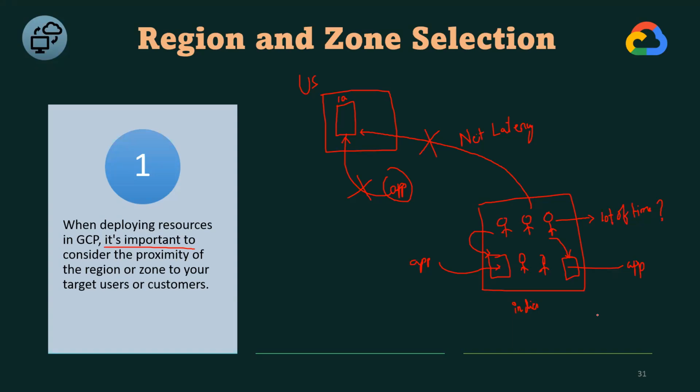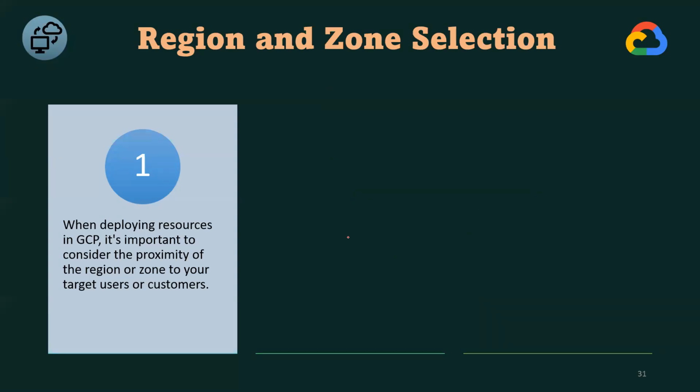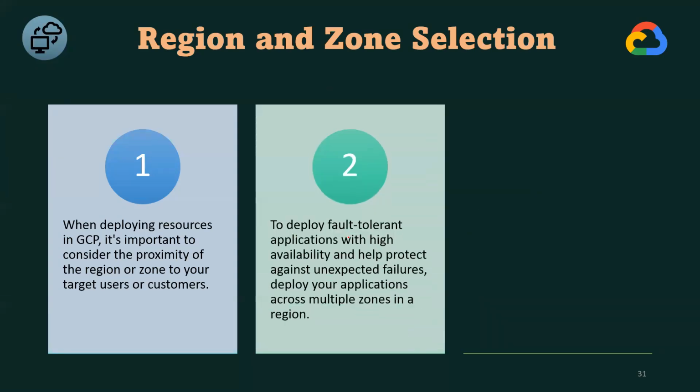So this is one of the important points. And one more point we have already discussed: to deploy fault tolerant applications with high availability and protect against unexpected failures, deploy your applications across multiple zones in a region. As I was telling you, whenever you are deploying your application in one zone, try to select multiple zones.